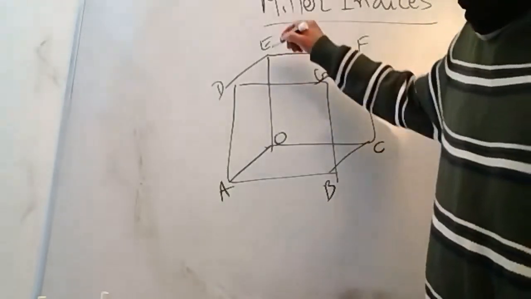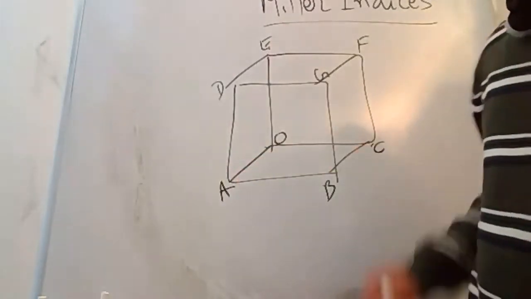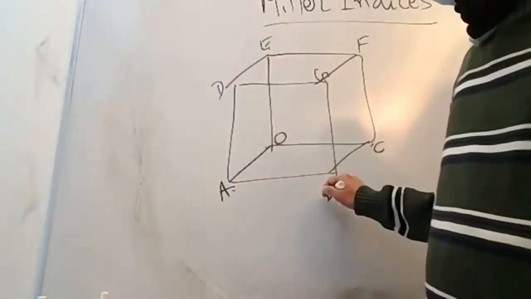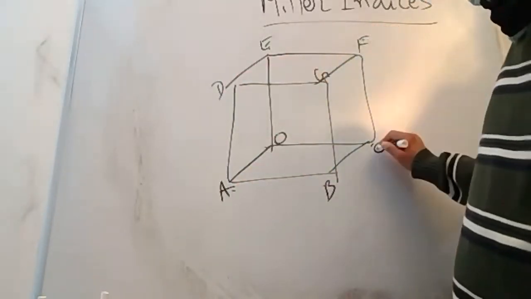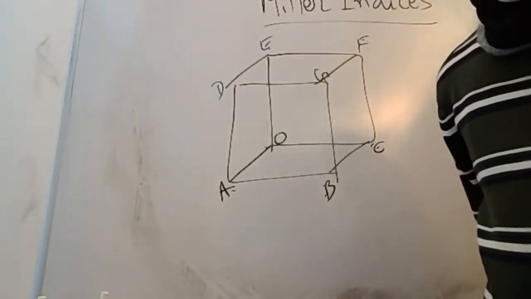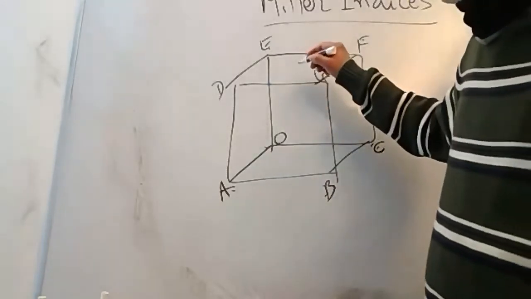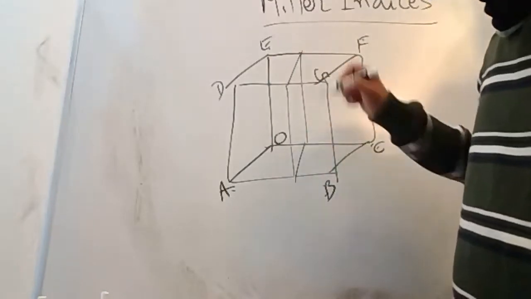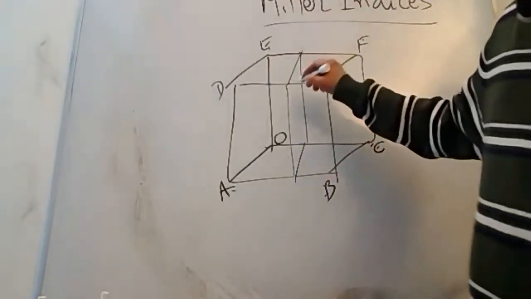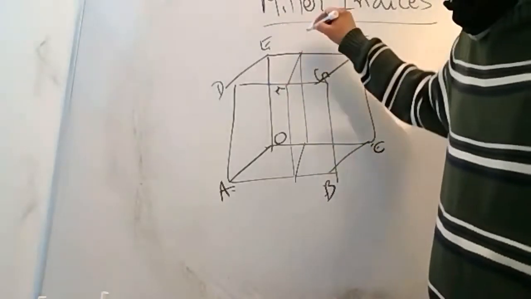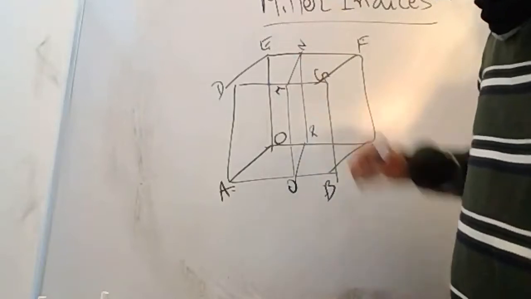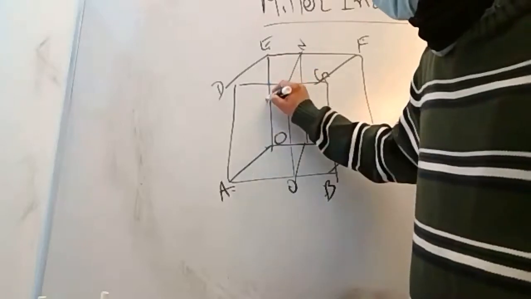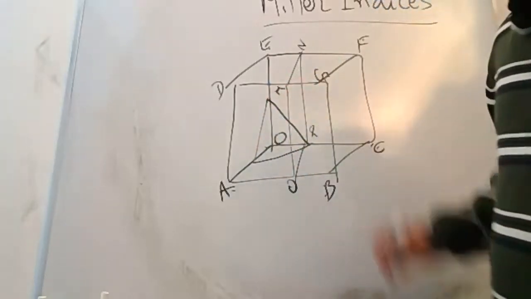You can imagine a plane that has E, A, and C. That's a plane. You can also say D, G, A, B, that's a plane. You can say G, F, C, B, this is a plane. So you can keep imagining. You can also draw a plane that cuts exactly in the middle like this, and you can create some additional points, like M, N, O, P. That's another plane. Or you can also have a plane that cuts about 1/2 and create another plane.